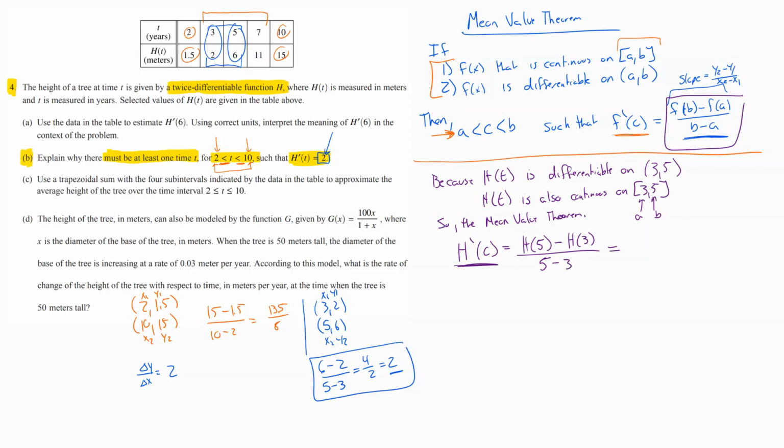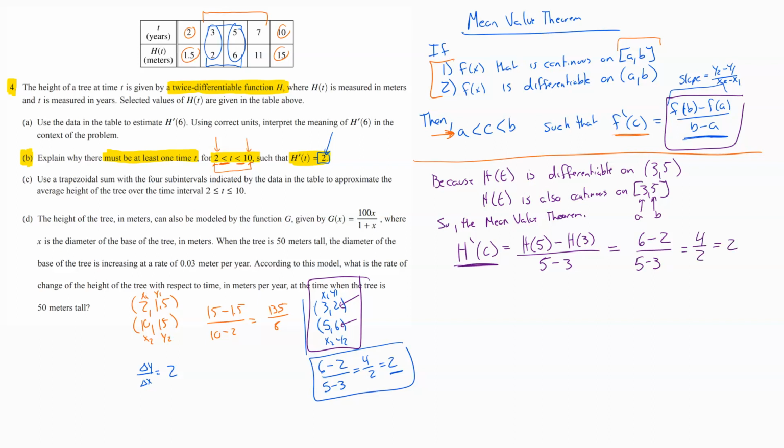And then we bring back together the math using those 2 points. So at h of 5, we know that our value was 6. At h of 3, we know our value was 2. And then on the bottom, we have 5 minus 3. So out of there, we get 4 over 2, which equals 2.